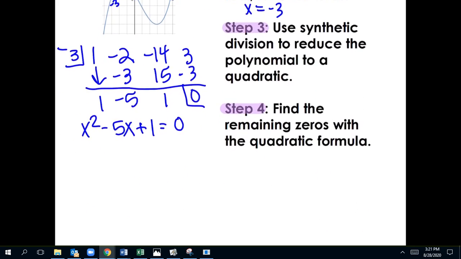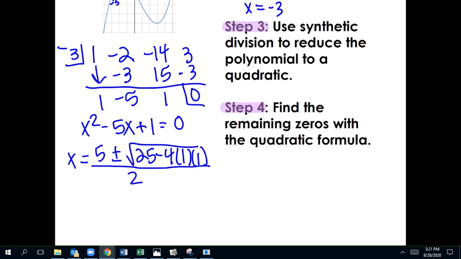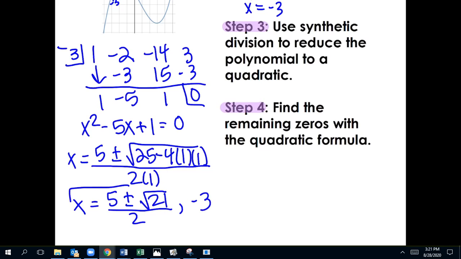Then we'll use the quadratic formula, negative b plus or minus the square root of b squared minus 4ac, all over 2a. And so we have x equals 5 plus or minus the square root of 21, all over 2. 21 is not reducible, and so I'm going to add -3, and these are my 3 solutions.